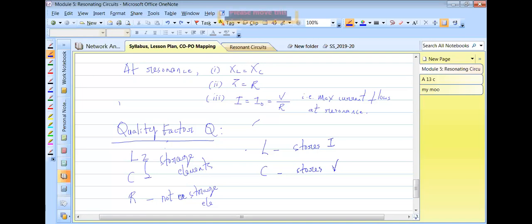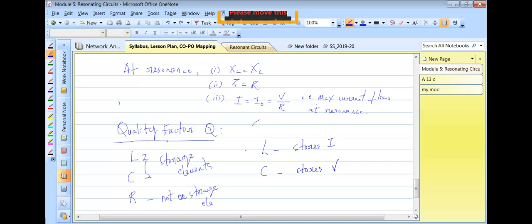Instead of saying that it is storing the maximum, it is storing up to its capacity. Every element has got its own capacity. So is it storing up to that particular capacity? If yes, then the quality factor is good.